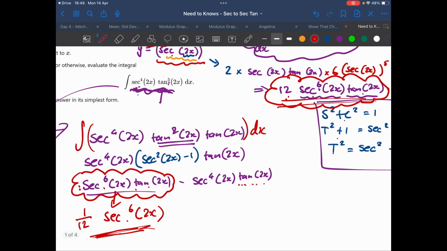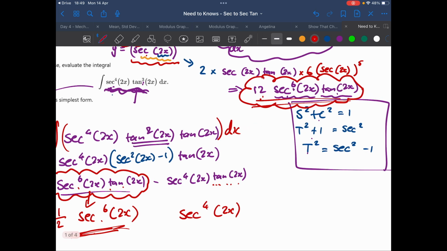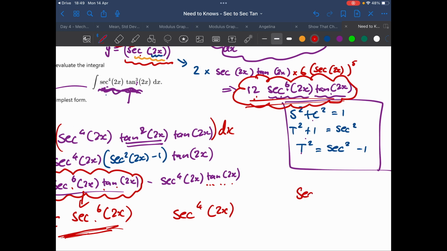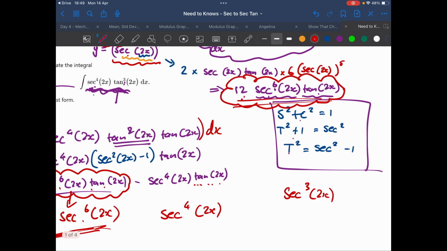So what if I tried sec to the 4, keeping it as sec to the 4 again? I'll just show you off to the side here. We know that you'll get sec cubed, for example, but then you'll also get sec differentiated, which is sec tan, won't you? Look, it actually preserves its power. So sec to the power of 4.